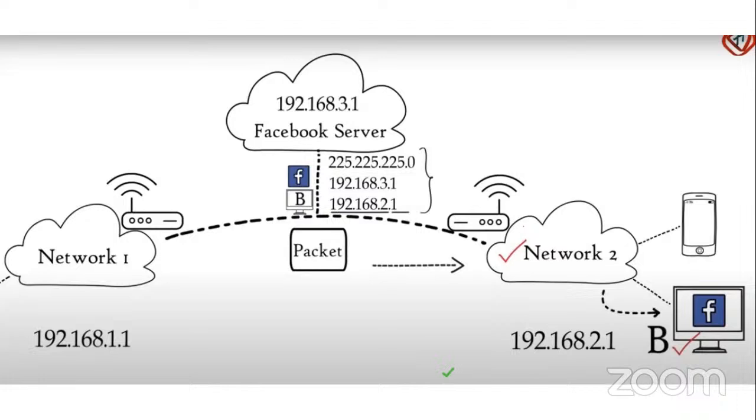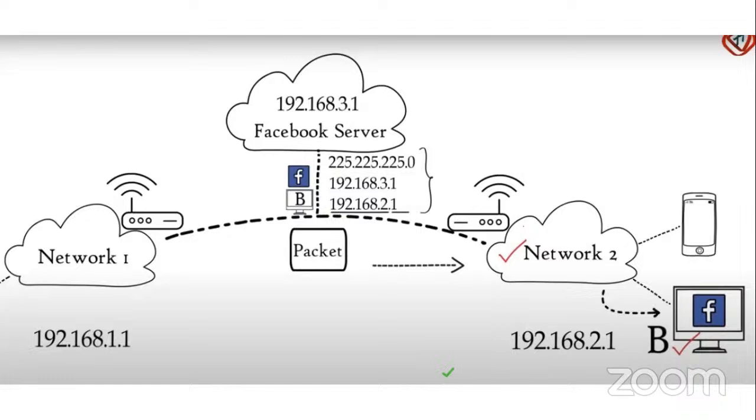Immediately, that request will be sent to the Facebook server. Whenever this request comes from system B to the Facebook server, that Facebook server will send the Facebook page to system B, right?